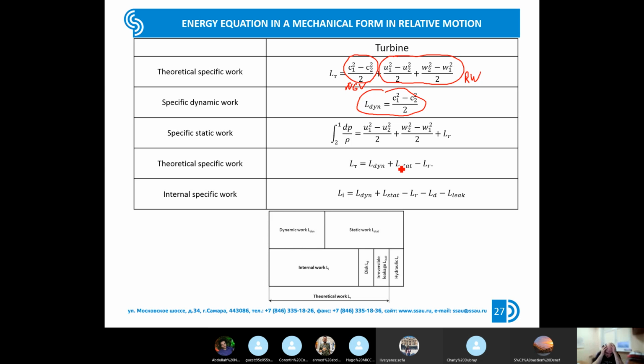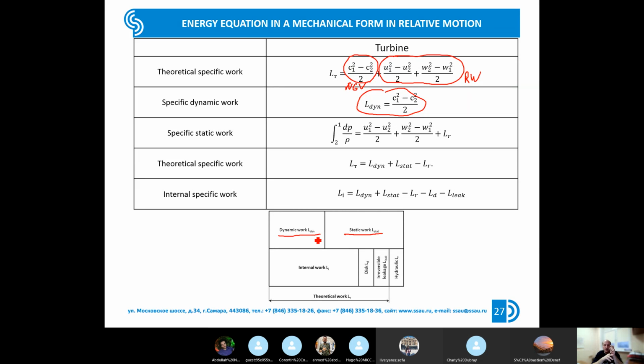What process is realized in the turbine? In the turbine, we have an expansion process in the rotor wheel, and from one hand we have changing of potential energy, the expansion process, and from the other hand we have changing of kinetic energy of the flow which flows through the turbine.